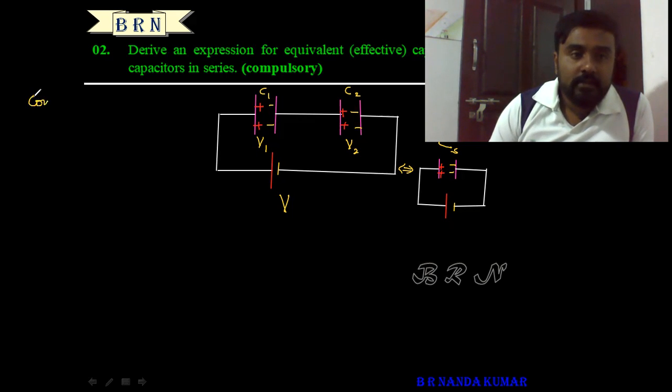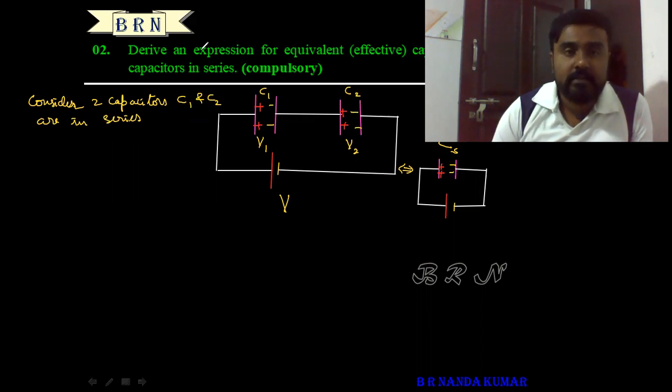So consider here two capacitors, C1 and C2, connected in series. That is why the net potential difference V is equal to V1 plus V2.